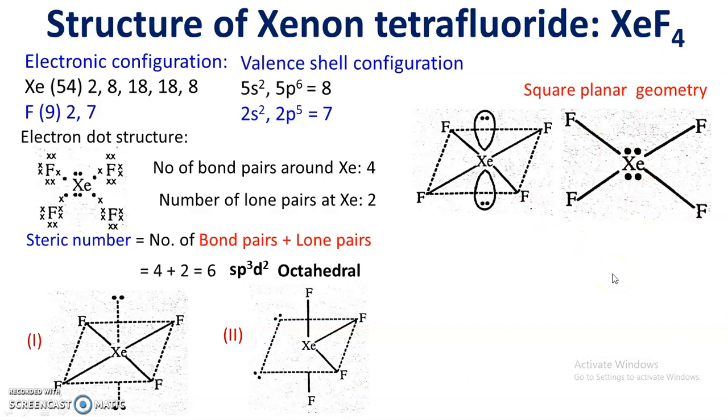So the observed structure for xenon tetrafluoride is square planar with fluorine-xenon-fluorine bond angle of 90 degrees.